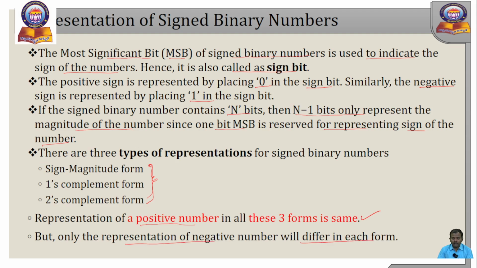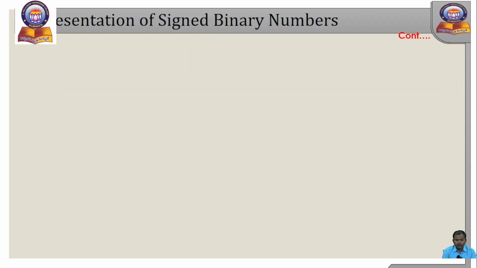We will see how negative numbers are represented in these 3 forms and how they are different. But for positive numbers, all these are the same. We will see one by one.